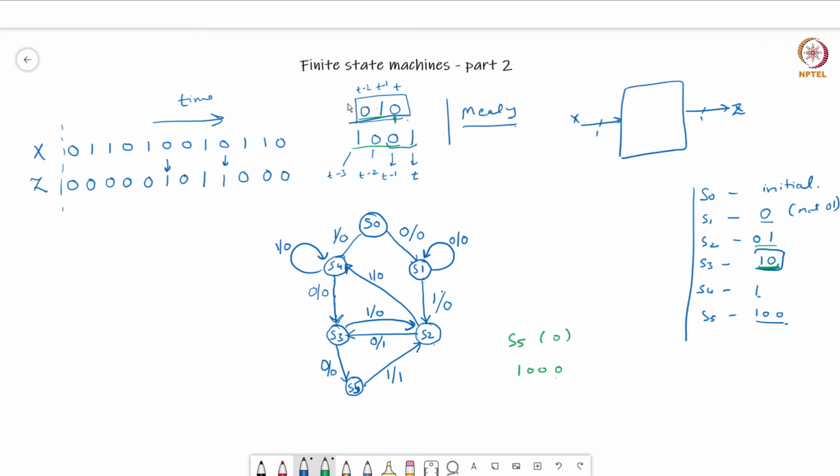So this other 0 means that none of the pattern has matched. It could be only the starting match, first bit match of this particular pattern. So the next state has to be S1, which means 0, and the output is 0. So this way we have completed this particular state machine, and you are done.